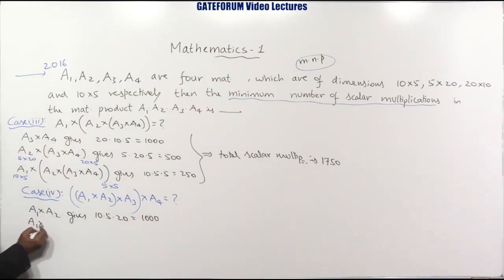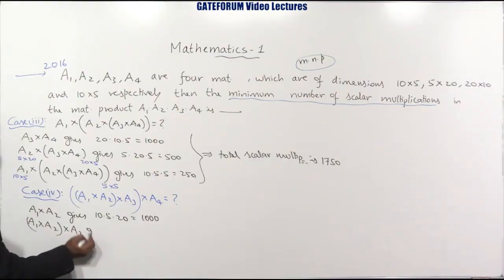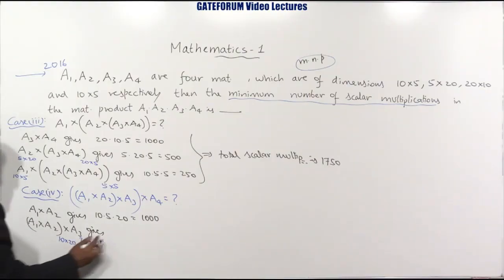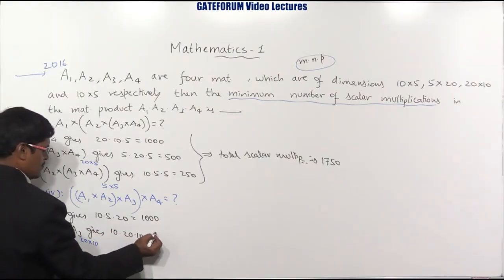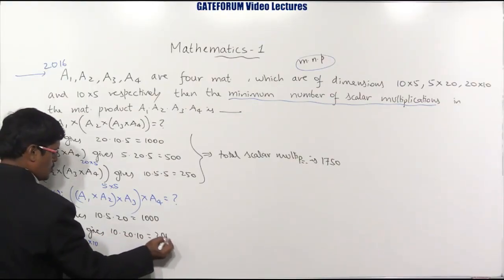Next, A1 into A2 multiplied with A3. What is the A1 into A2 order? 10 into 20. A3 order 20 into 10. Compare with M into N into P gives 10 into 20 into 10. So this is 2000.